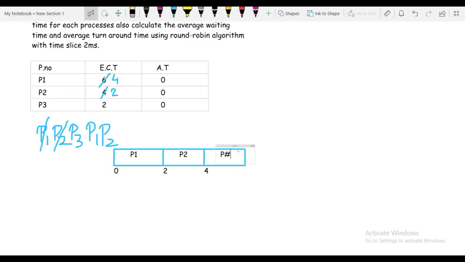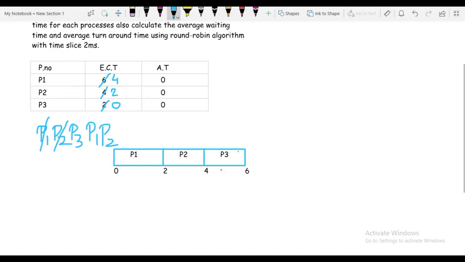P3 will run for 2 because the time slice is 2. P3 has 2 estimated completion time, that is the burst time of 2 units.